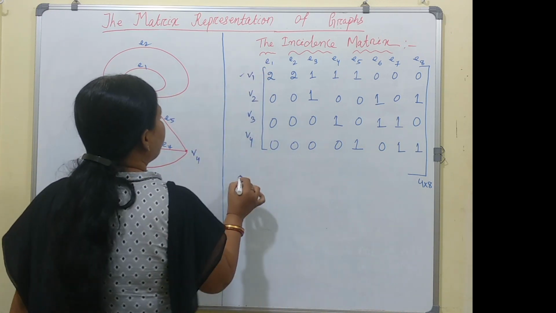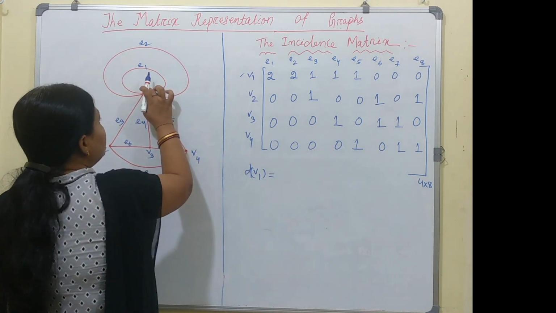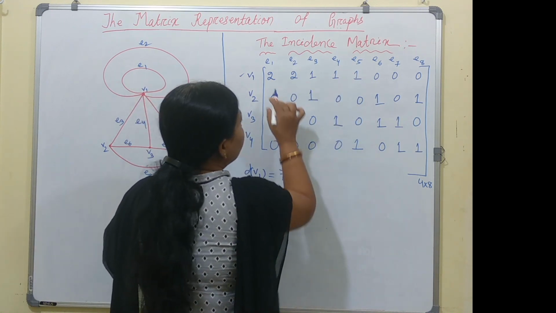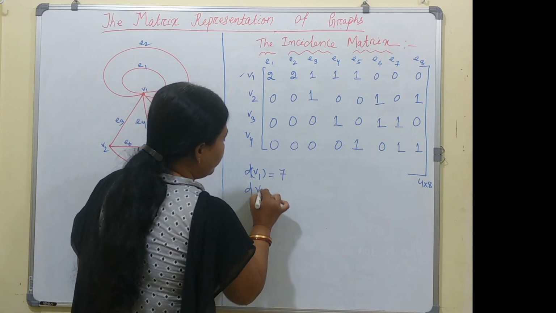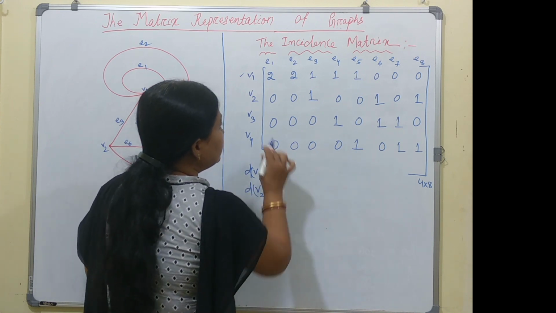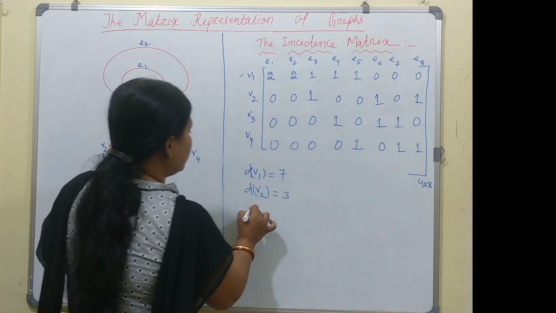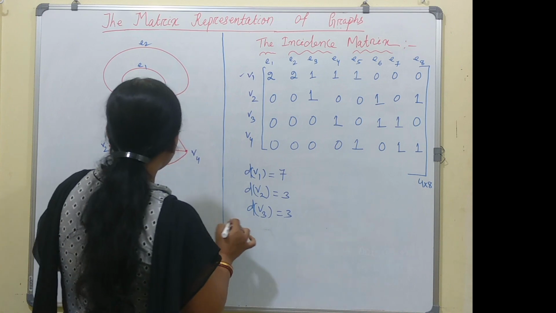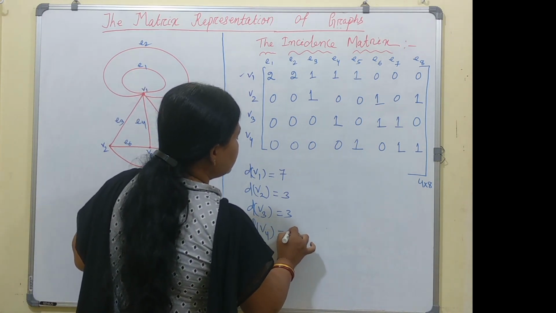So the degree of V1 is 2 plus 2 is 4, plus 3 is 7. The degree of V2 is 3, the degree of V3 is 3, and the degree of V4 is 3.